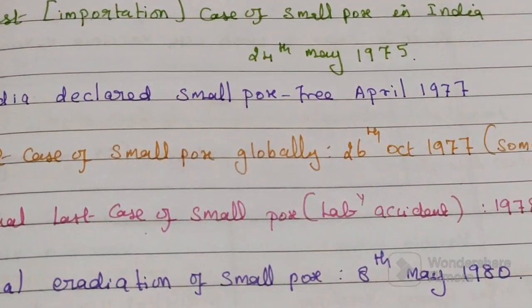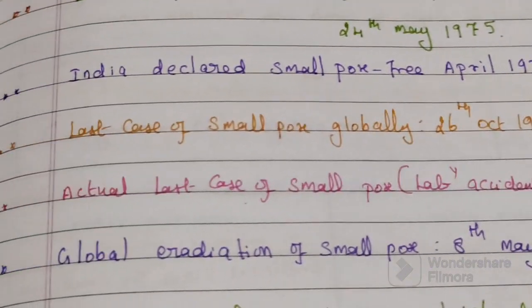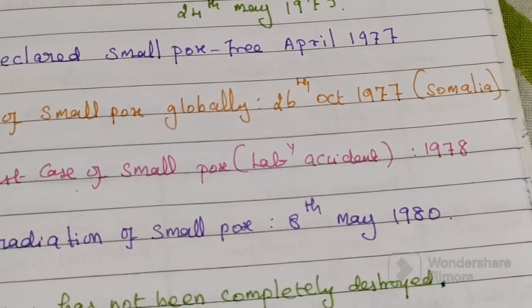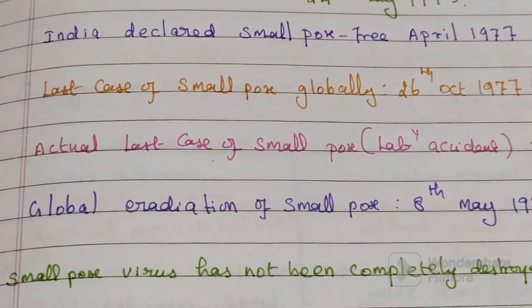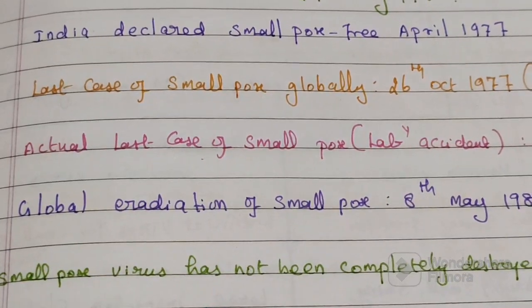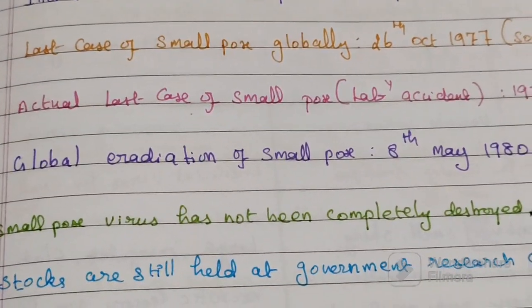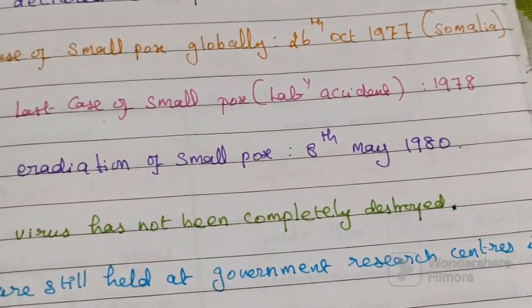India declared smallpox free in April 1977. Last case of smallpox globally 26th October 1977. Then the actual last case of smallpox was a laboratory accident in 1978. Then global eradication of smallpox 8th May 1980.